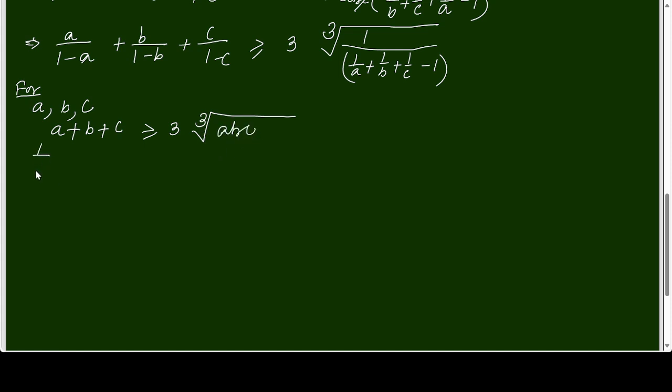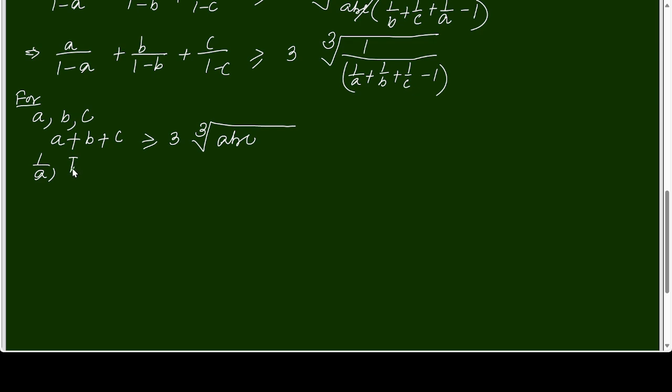And for 1 by a, 1 by b, 1 by c, we may write 1 by a plus 1 by b plus 1 by c is greater than or equal to 3 times the cube root of 1 over a, 1 over b, 1 over c.